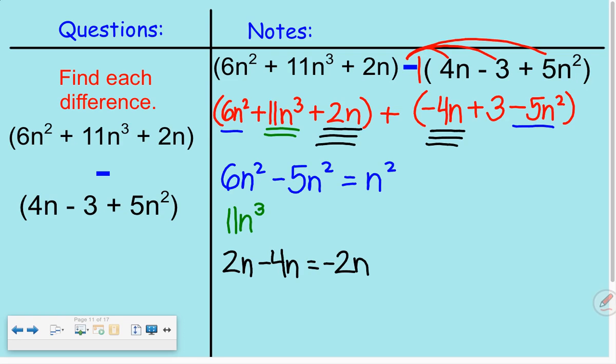And then last we have this positive 3 here, which also can't be combined with anything. So then my answer, going from biggest exponent to smallest, is 11n to the 3rd plus n squared minus 2n plus 3.